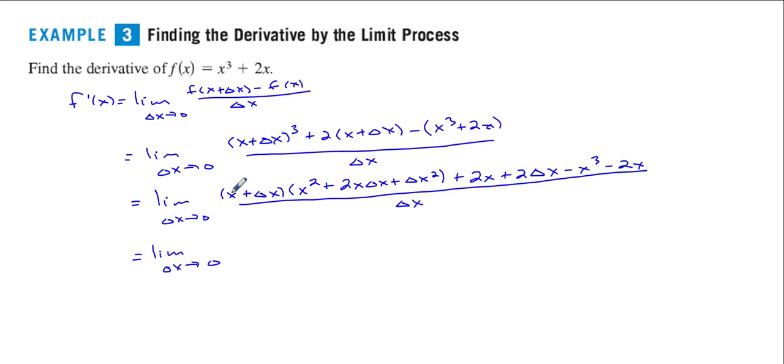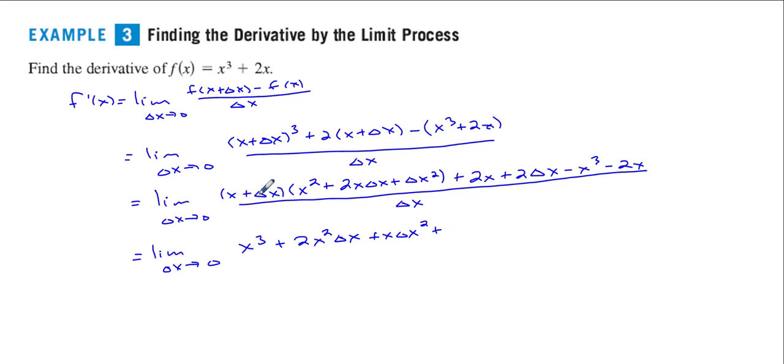And now distribute this binomial through this trinomial. So that'd be x cubed. Okay, x times 2x delta x would be 2x squared delta x. x times delta x squared would be x delta x squared.